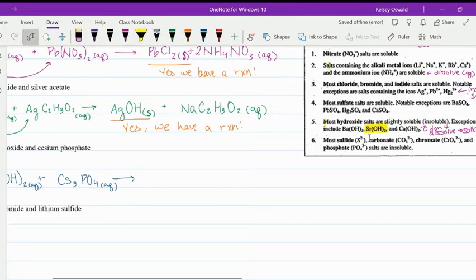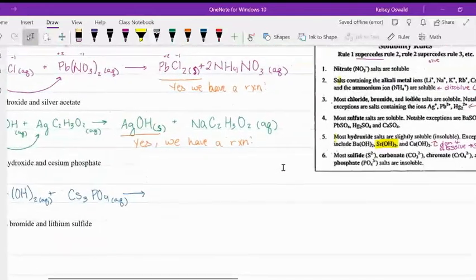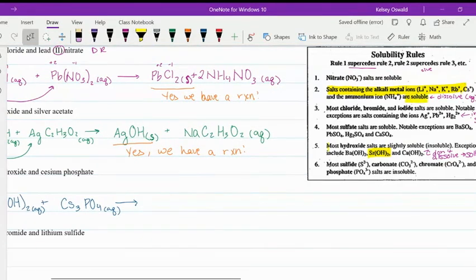Since strontium hydroxide is an exception, it will dissolve and be an aqueous solution. Likewise for cesium phosphate, cesium is an alkali metal, so anything with cesium is going to be soluble. Rule number 2 says anything with an alkali metal is soluble, so that takes precedence over anything later.